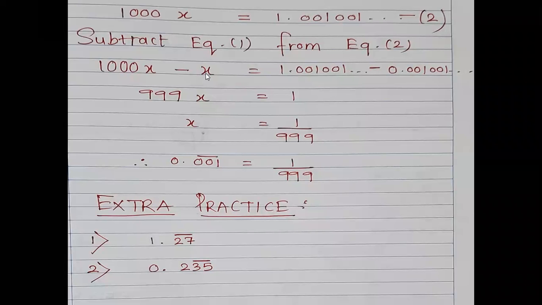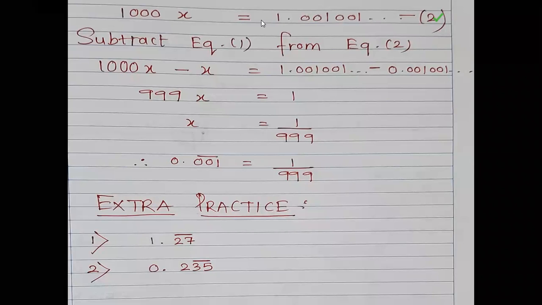So now 1000x is equal to 1.001001 and it continues. That becomes our second equation. Now, as we did in the previous sums, we'll subtract equation 1 from equation 2.